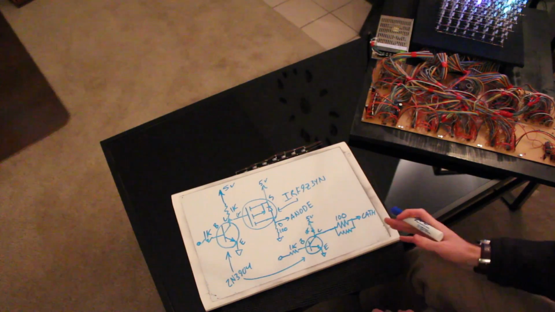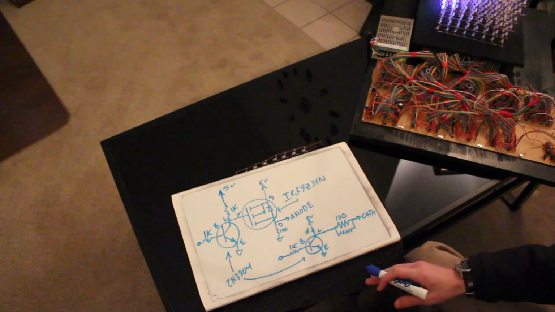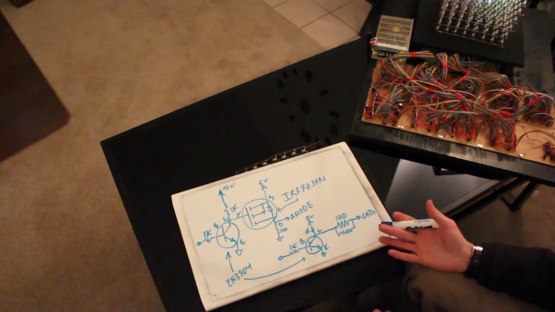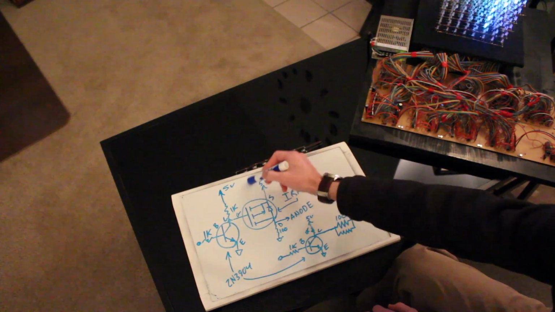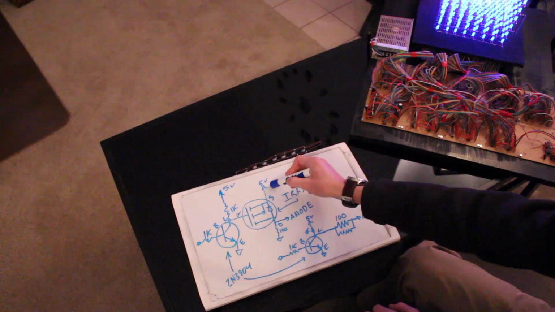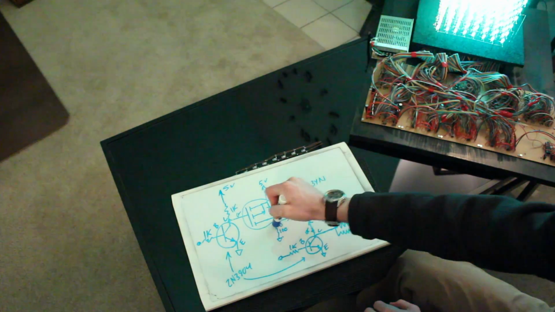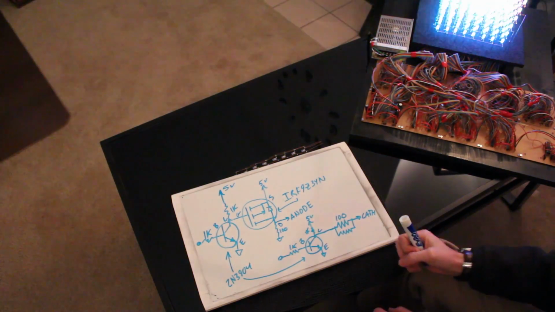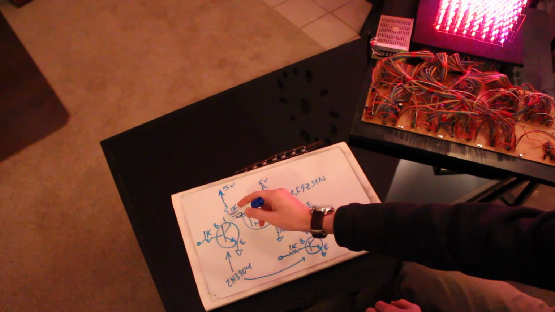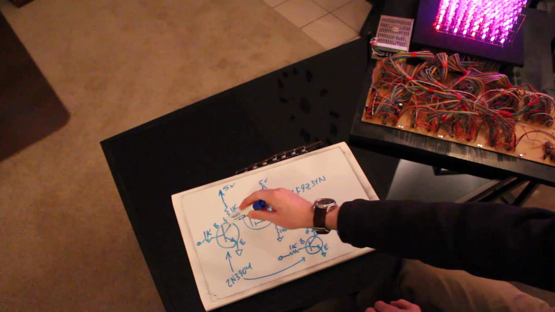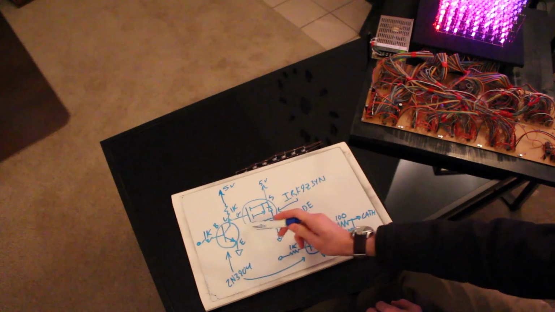And P-channel MOSFETs are like the opposite of N-channel MOSFETs, obviously. We want this 5 volts right here on the source pin to end up on the drain pin when we turn it on. But in order to turn it on with a P-channel MOSFET, you actually have to bring the gate pin low. So that's what this transistor does.